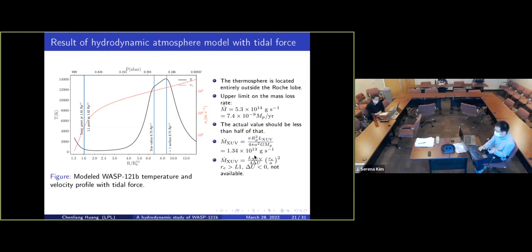Compared with the photoelectric energy-limited escape, all these values have now changed; that one is still 10 to the 13 grams per second. If we use the other way to calculate it, because the peak of the energy deposition is absorbed outside the Roche lobe, the delta U is actually negative, so it doesn't really make sense to use this method.